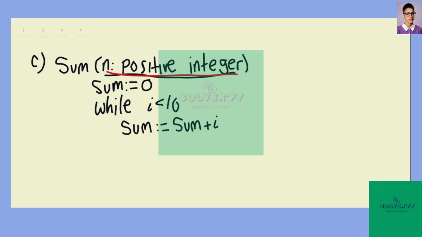Okay, so then we move on to C, and we have this sum algorithm. And again, we are given an input here, this positive integer n. Okay, and each step is defined precisely, so we have our definiteness. But what we don't have is an output. We have no return statement. And we're also missing correctness, right? Because what is i and where did it come from?